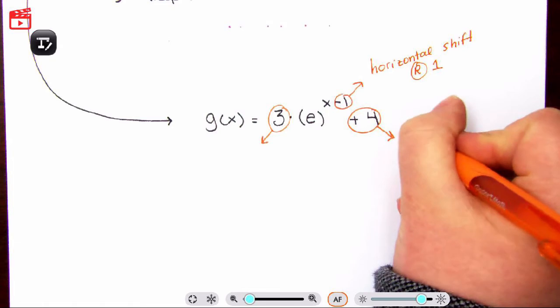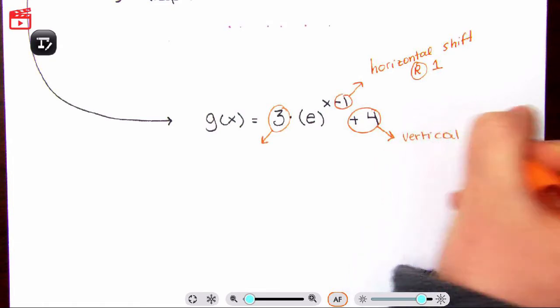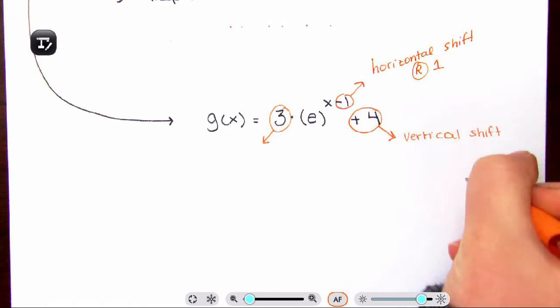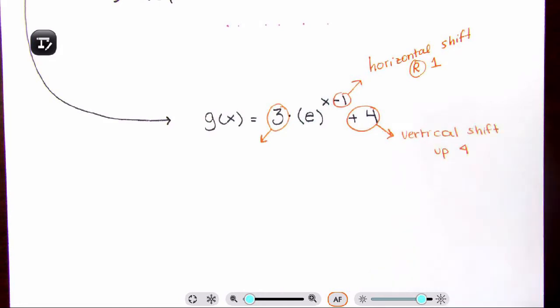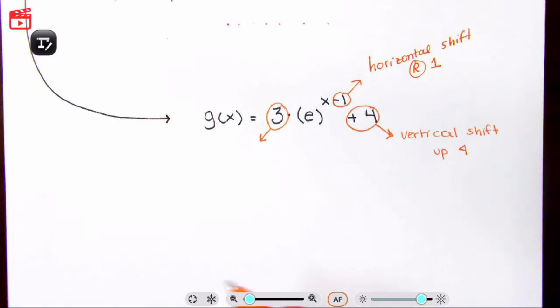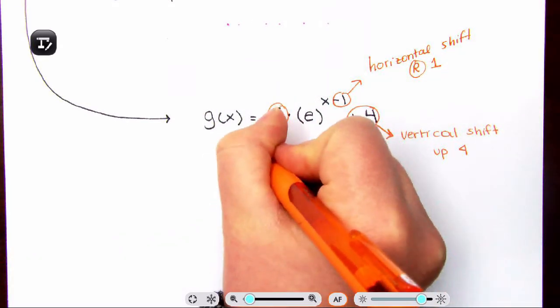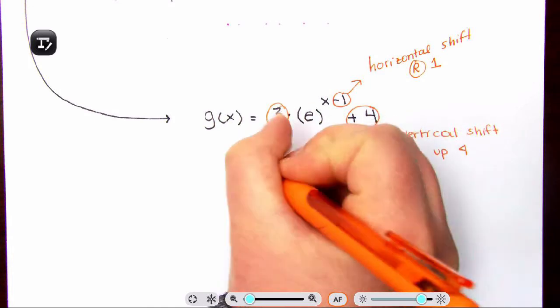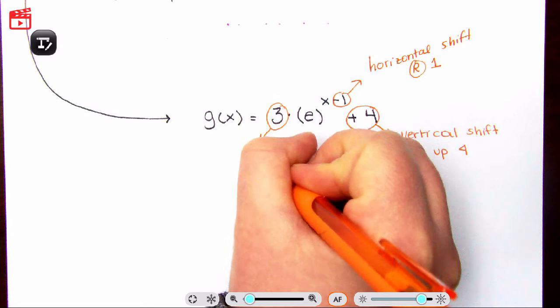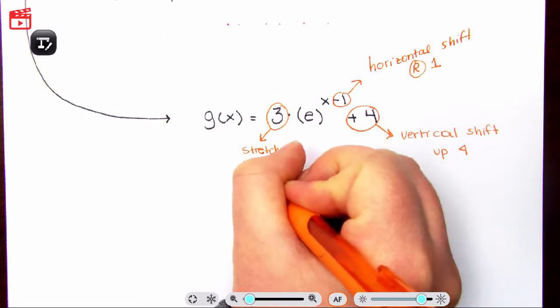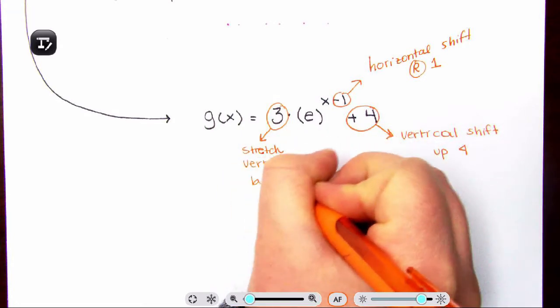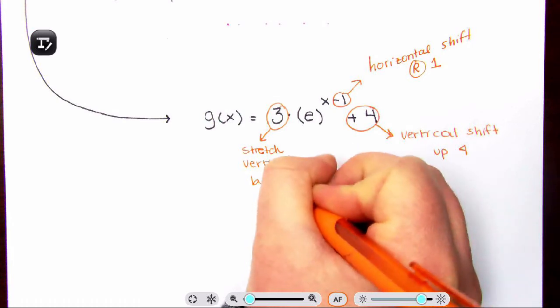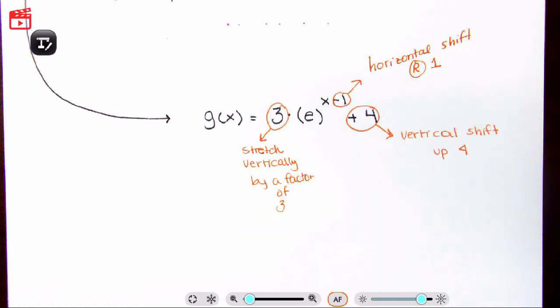So this is vertical, and you are shifting up 4. Here is a 3, which means you have a vertical stretch. So it's stretched vertically by a factor of 3. So we have our transformations.